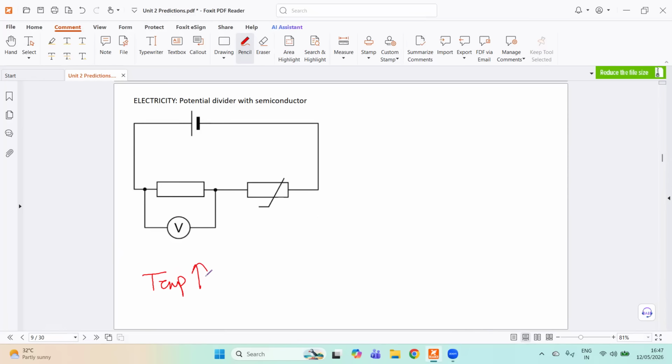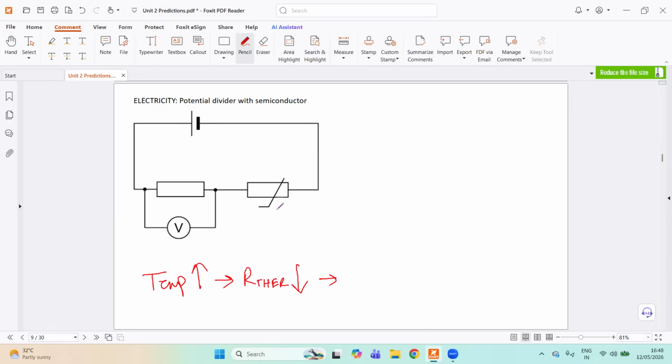I'll show you a sequence of events. If the temperature increases, you know from your IGCSEs that as the temperature increases, the resistance of the thermistor decreases. And guess what? This is a series circuit. And in a series circuit, the higher the resistance, the greater the PD across it. And the converse also holds true.